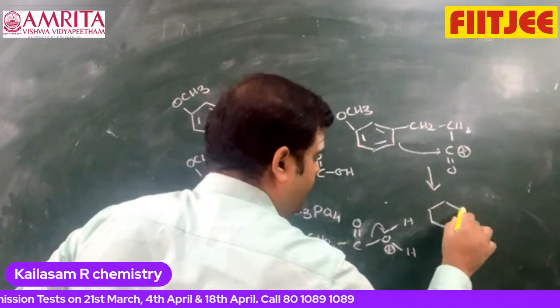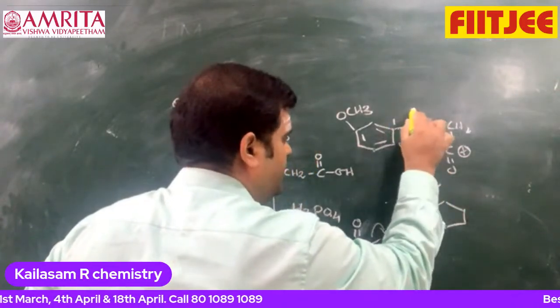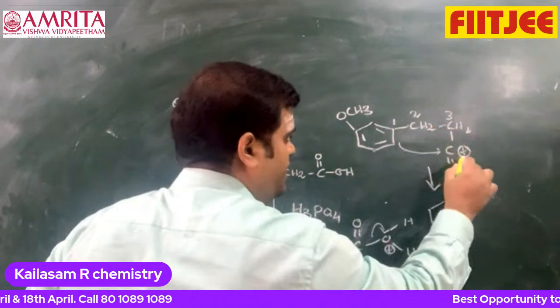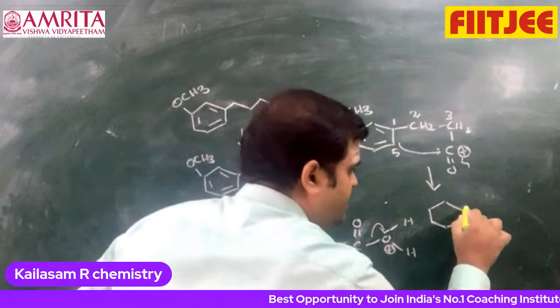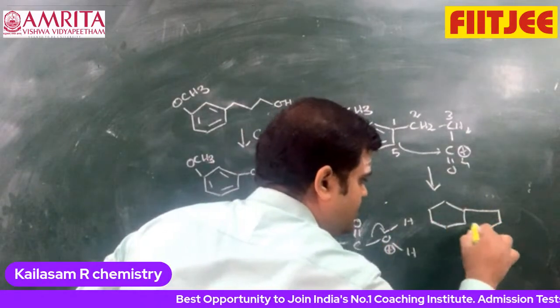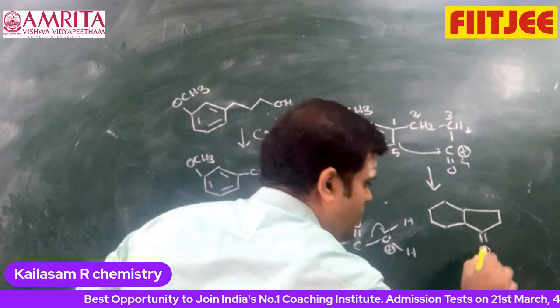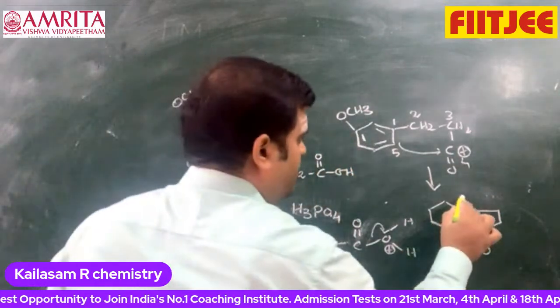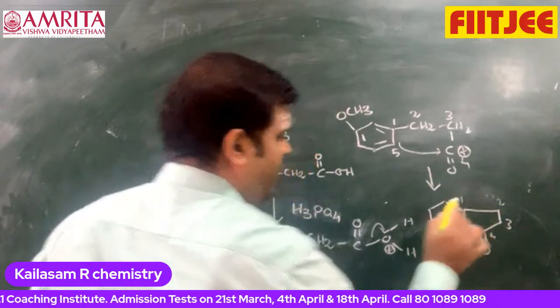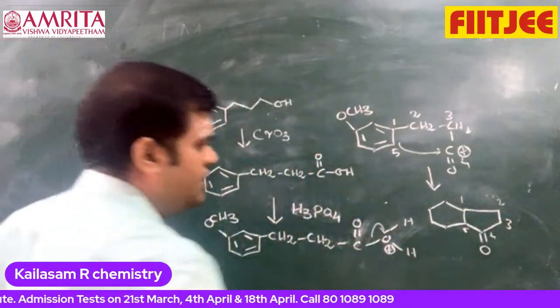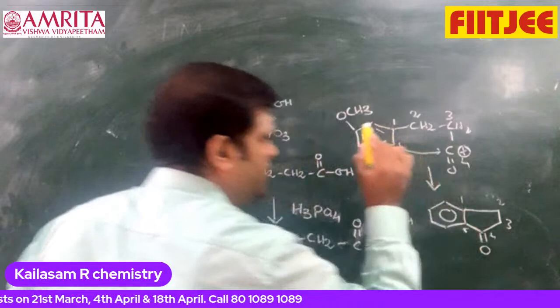I can give the numbers 1, 2, 3, 4, 5. Now it forms a 5-member ring with double bond O. Give the numbers again 1, 2, 3, 4, 5. It forms a 5-member ring. Look at that. This is the answer.